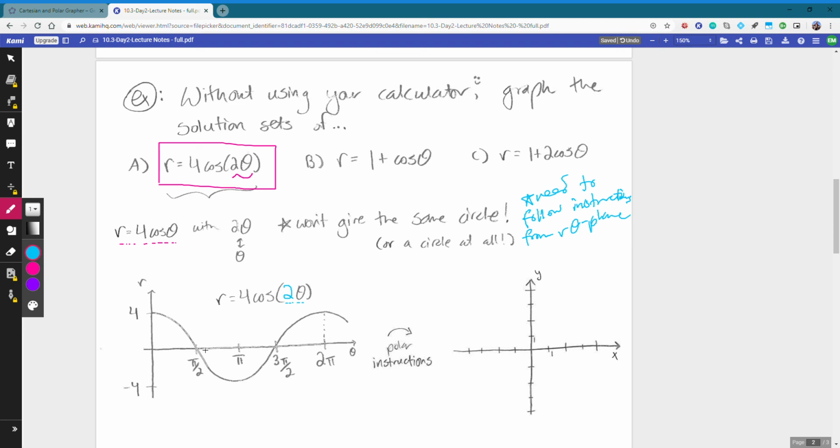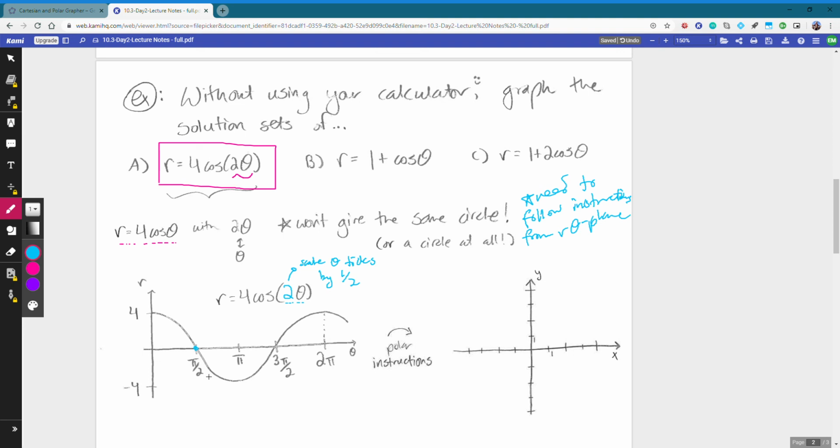So for example, cosine is going to become 0, not at pi over 2 anymore, but at pi over 4, because we take pi over 4 and multiply it by 2, and we get pi over 2. And so this is going to scale our theta tick marks by a factor of 1/2, because we'll be getting there twice as fast.